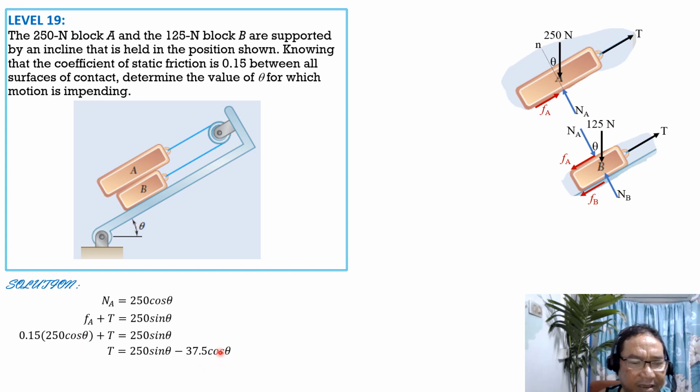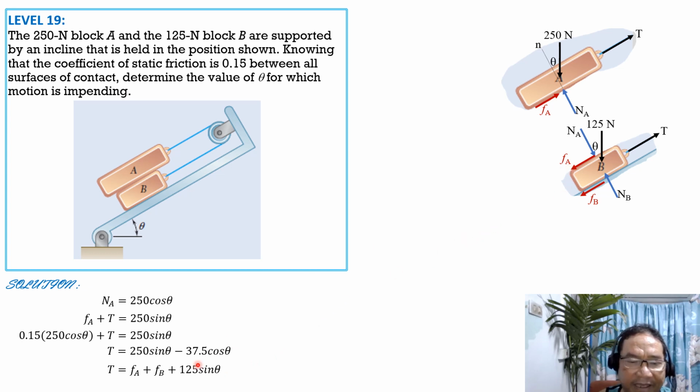Take note that this 37.5 cosine theta is equal to FA. In the lower free body diagram, summation of forces tangential equals 0. So tension equals FA plus FB plus the tangential component of 125 sine of theta as shown in the figure.